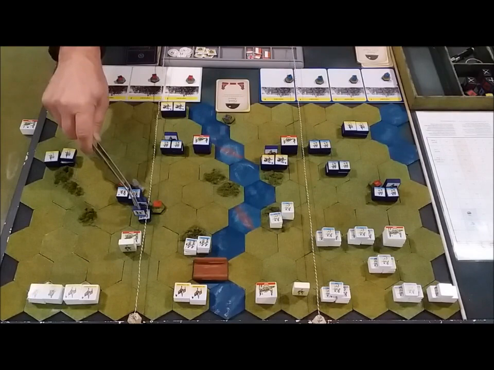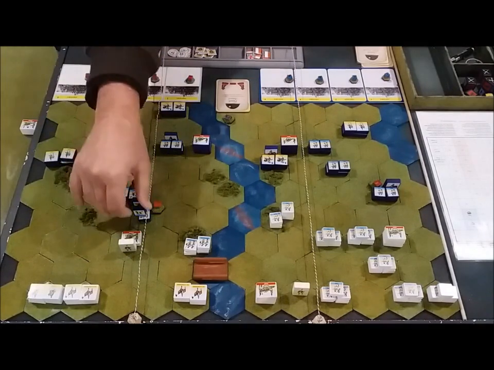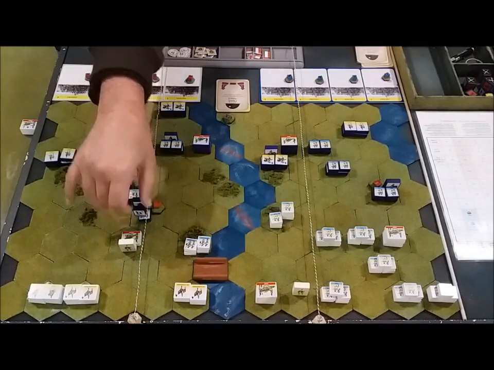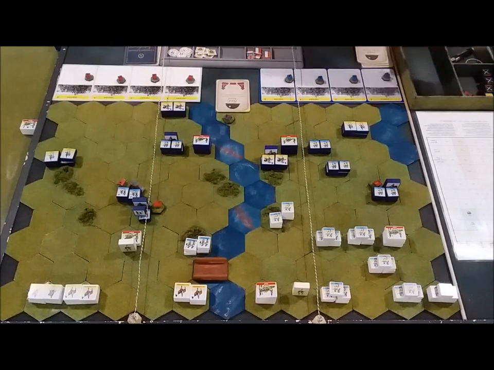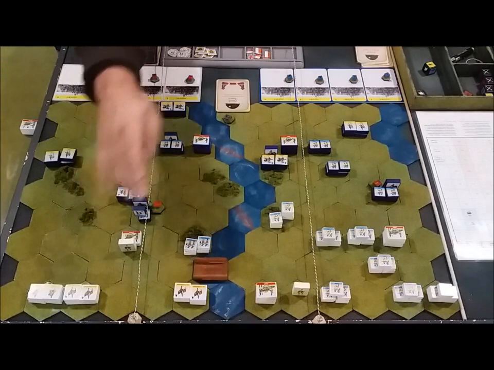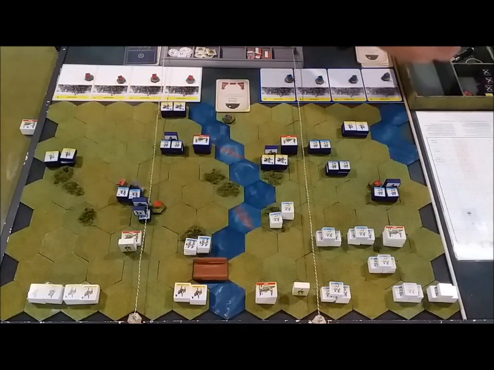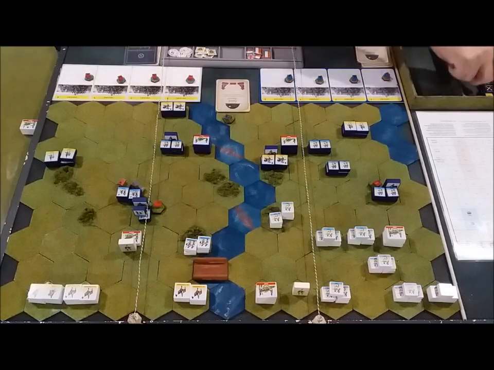Righto, which leaves now here to here. And again, we have light units meleeing, so they get 2. Yep, against the horse artillery, and they get 1 retreat, which they can ignore because of the leader. And that means they're going to come back with 2, because they've only got 1 unit left.